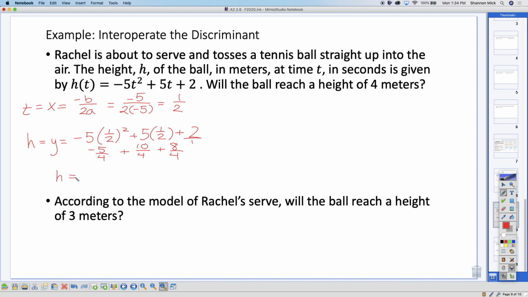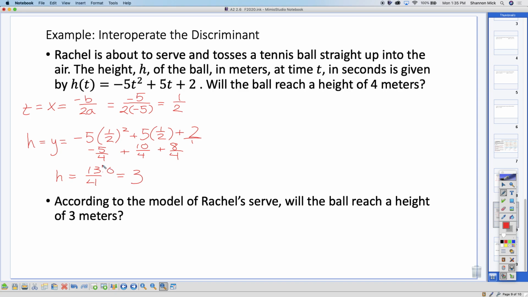So my maximum height is going to be what? 10 minus 5 is 5, plus 8 is 13. So 13/4. So 4 goes into 13, 3 times, and then put a decimal.